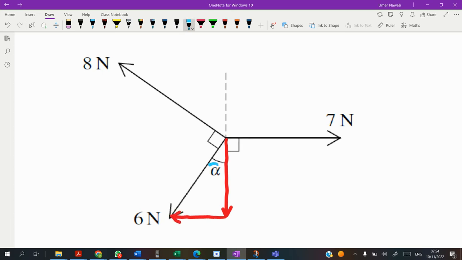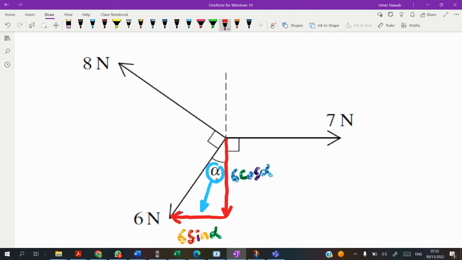Any force which is against or opposite the angle is always with the sine. So I'm going to write this as 6 sine of alpha, and this should be 6 cosine of alpha. Agreed?